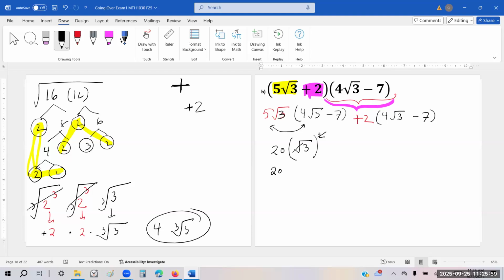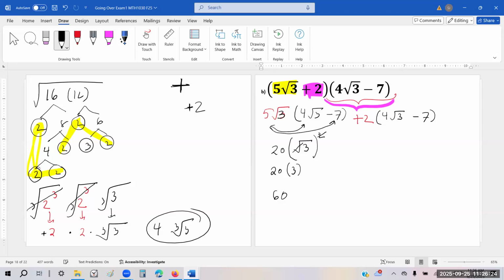So what sign do you have between 20 and 3? A multiplication sign. So it's not 23, it's 20 times 3, which is 60. So the first term is 60, not 20 radical 3 or 23, it's 60.